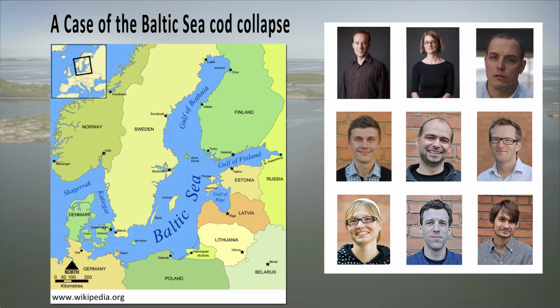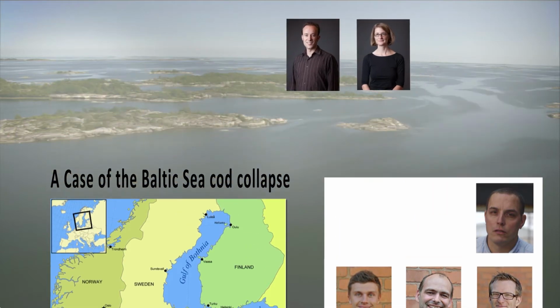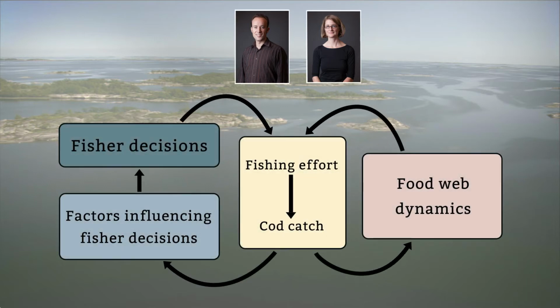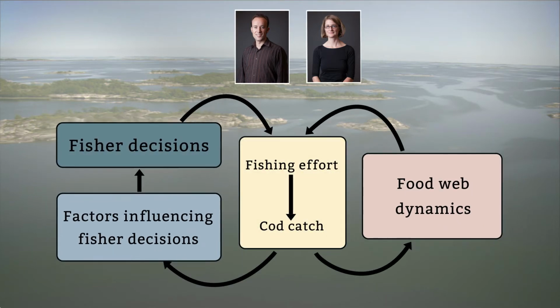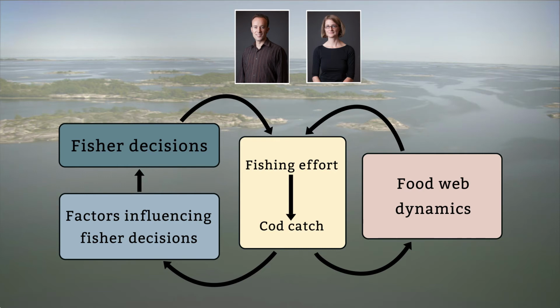The project began when a team of Baltic Sea experts from the natural and social sciences worked together to develop a conceptual model of the key ecological and social factors that contributed to cod stock dynamics. This highly simplified diagram was later formalized into a dynamical systems model.